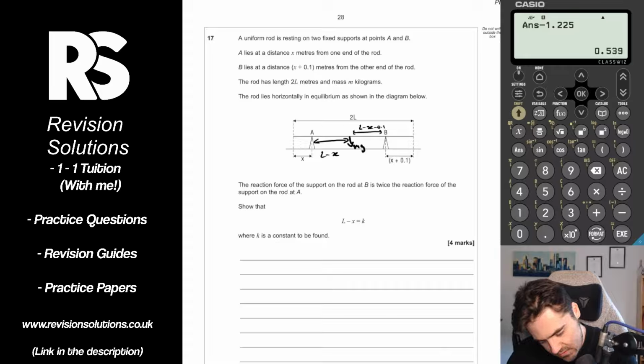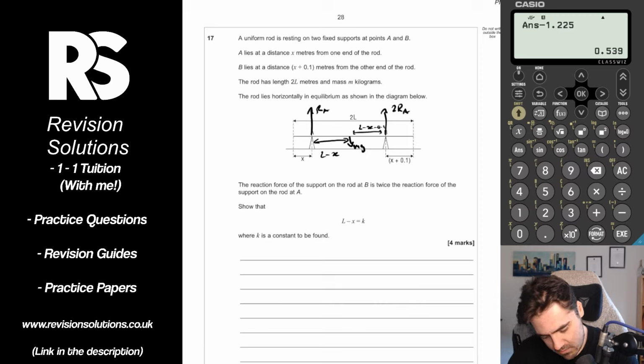Good. And then we also have the reaction forces at A and B. So let's call that RA and RB. And we're told that the reaction force on the rod at B is twice the reaction force on the rod at A. So let's just relabel that actually. Let's just call that 2 lots of RA.